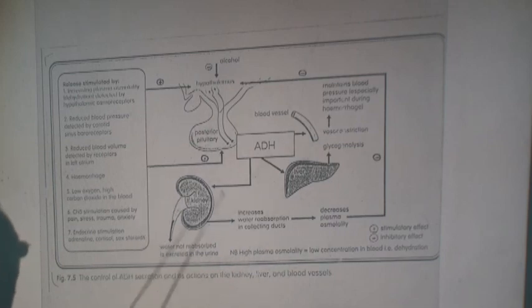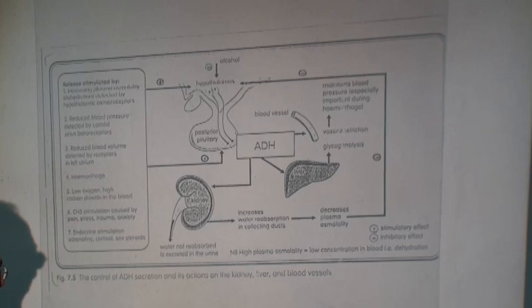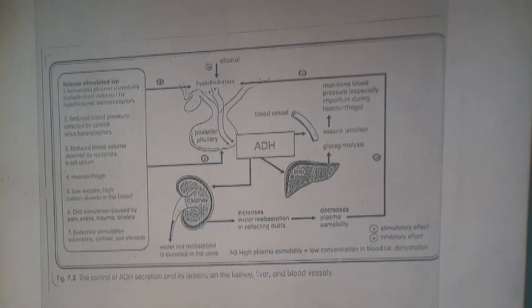Deficiency of oxytocin usually does not cause a serious problem. Delivery occurs, but in a difficult manner, as well as the release of milk to the baby. But deficiency of ADH produces a serious problem, because it causes the excretion of a lot of water.